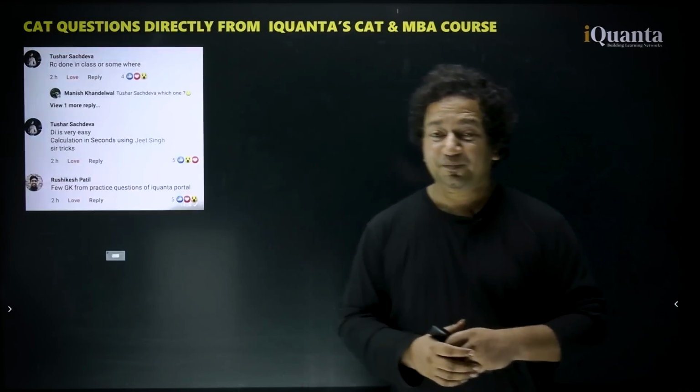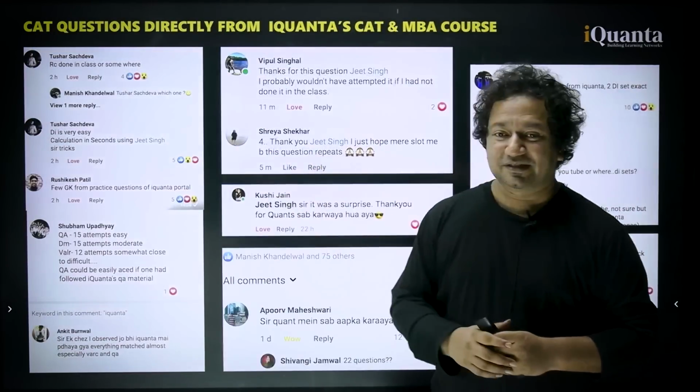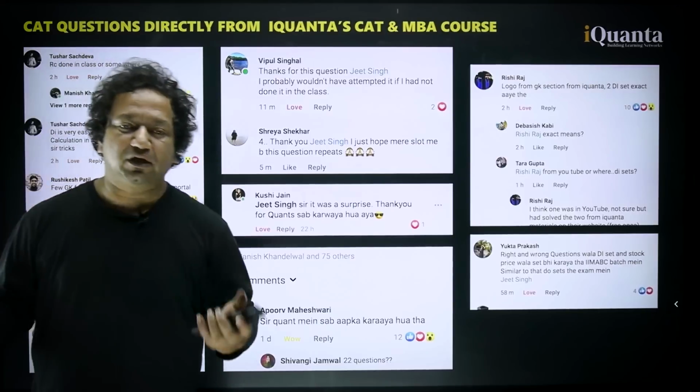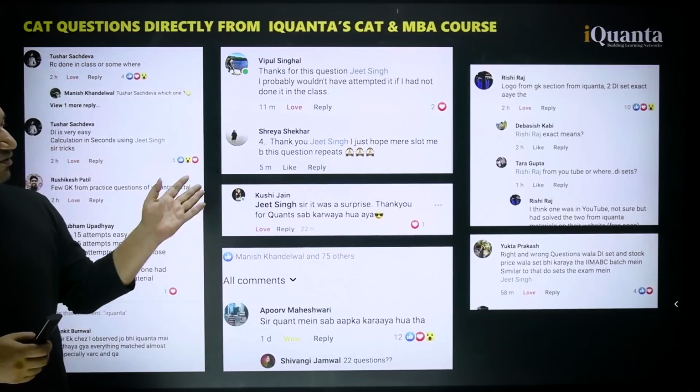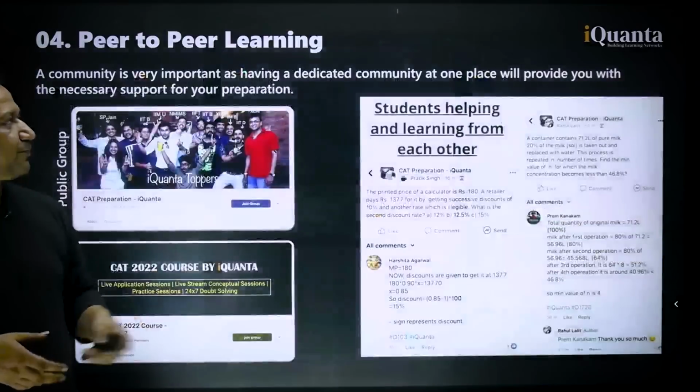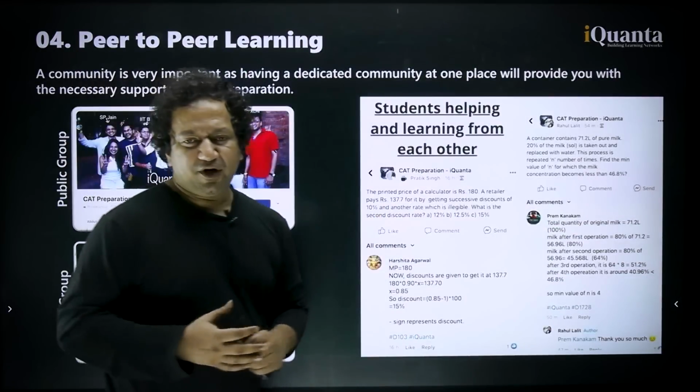And then comes the fourth point: the screenshots in which you can see that a lot of students have claimed that the questions we did in the live classes and the application classes were the same questions that came in the real exam.